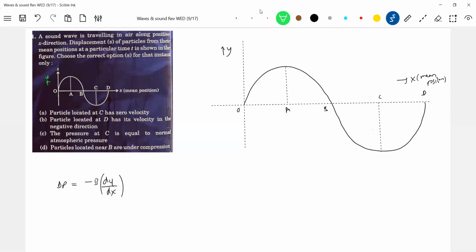How to decide? Wave equation we can. Wave equation. Yes, sir. Okay, right, wave equation.